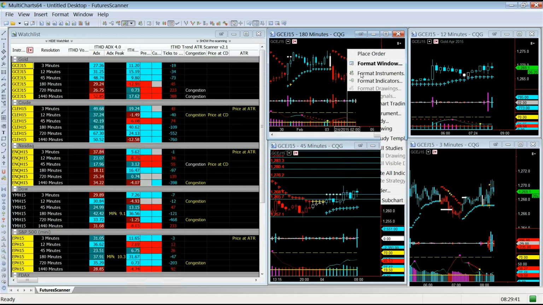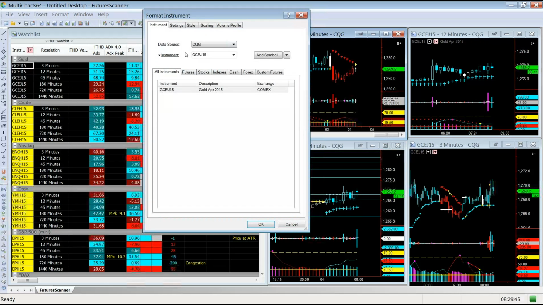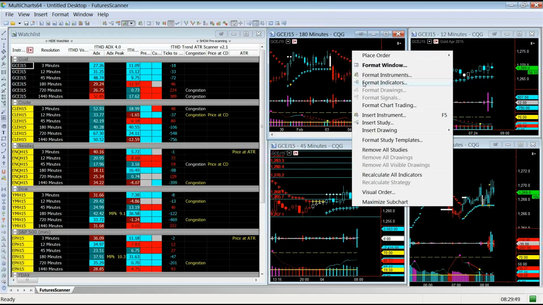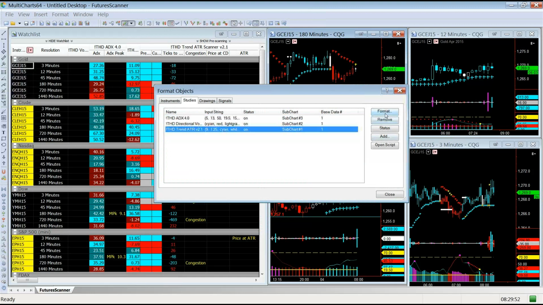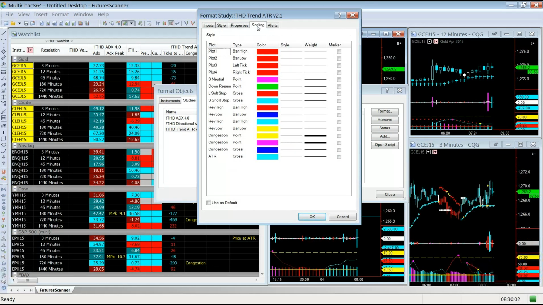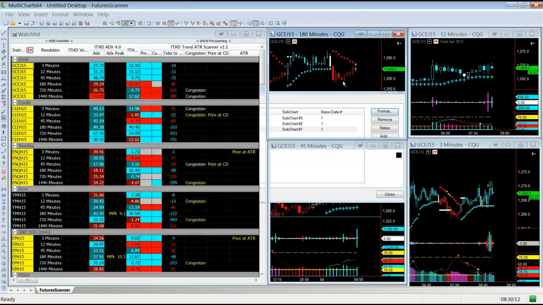Format indicators. This is something you set one time and then you don't set it ever again. Wrong thing. Go to trend, format, style. I know it when I see it. Hold on, George.